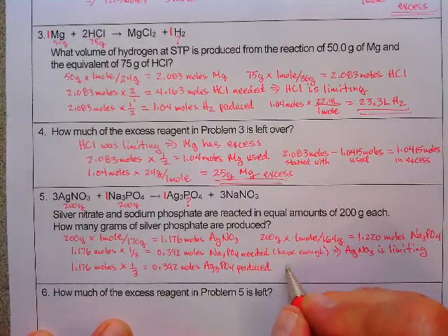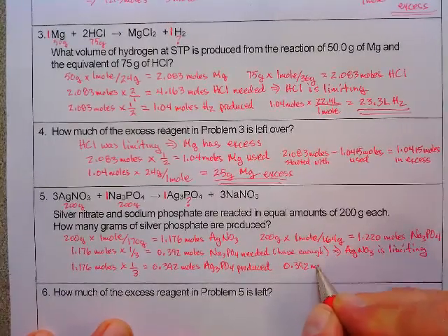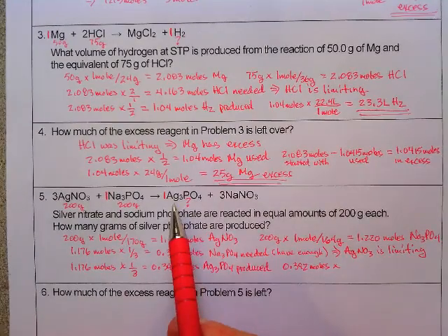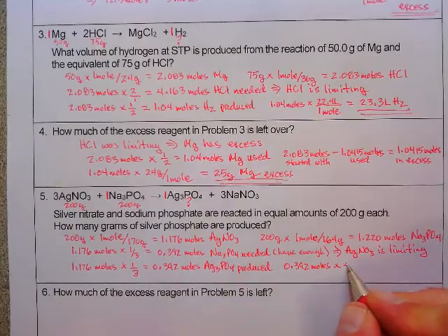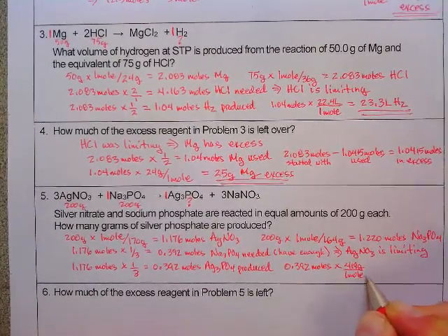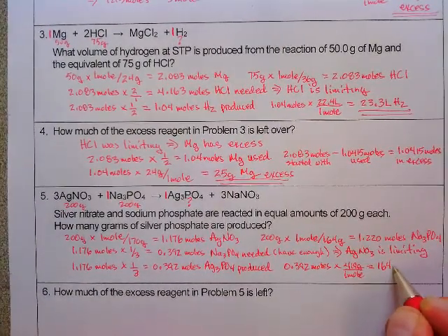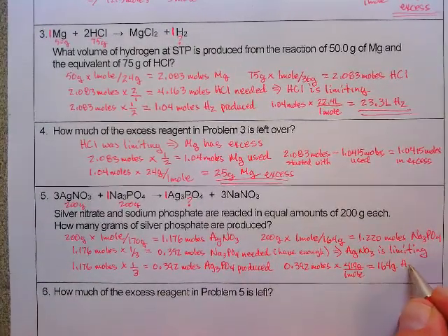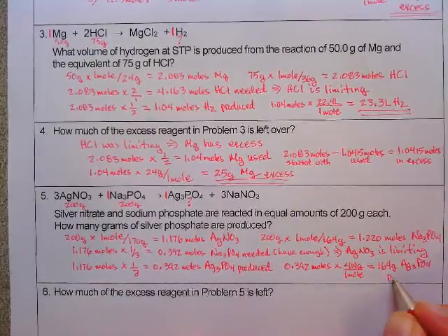And then we take the 0.392 moles times, and I need 3 silvers, 1 phosphorus, 4. That adds up to 419. And so we end up with 164 grams of the Ag3PO4 produced.